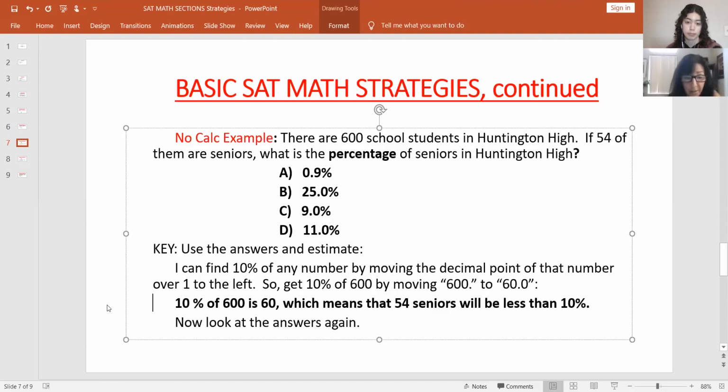Without a calculator, I've just made an estimate that 10% of 600 is 60. That's a math fact without using your calculator, without dividing anything to find a percentage. Since 10% of 600 is 60, that means that 54 seniors, which is what we're looking for, will be less than 10%. So now we're going to look at those answers again.